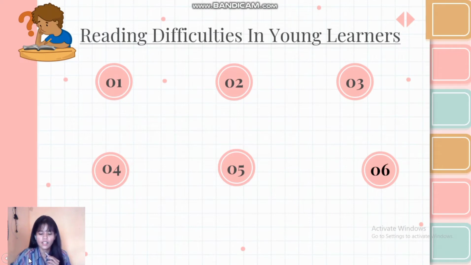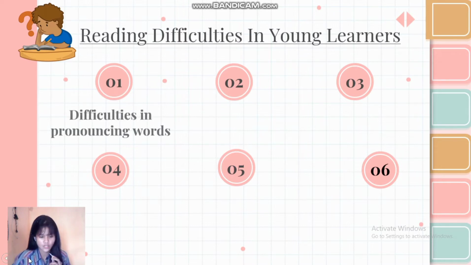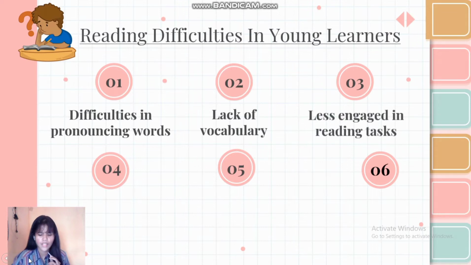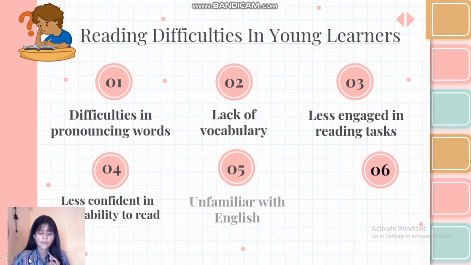And here are the reading difficulties in young learners. First, young learners have difficulties in pronouncing the words, they lack vocabulary, are less engaged in the reading task, and are less confident in their ability to read.